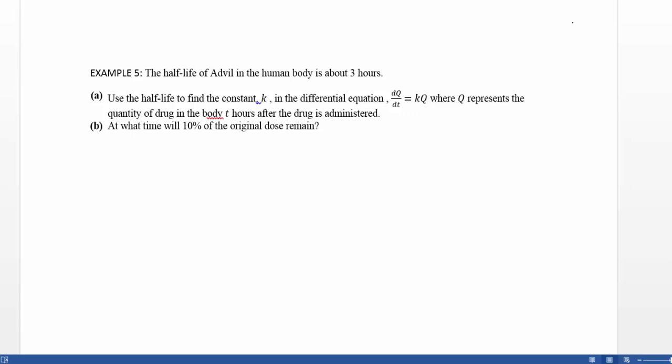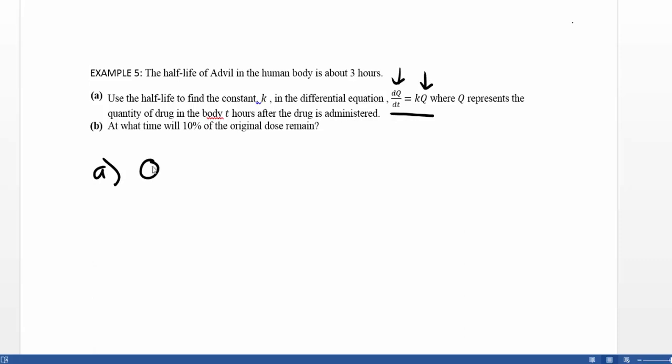So we know by looking at this differential equation that this is going to represent an exponential function. So the exponential function is going to be a function of Q, which is our dependent variable.